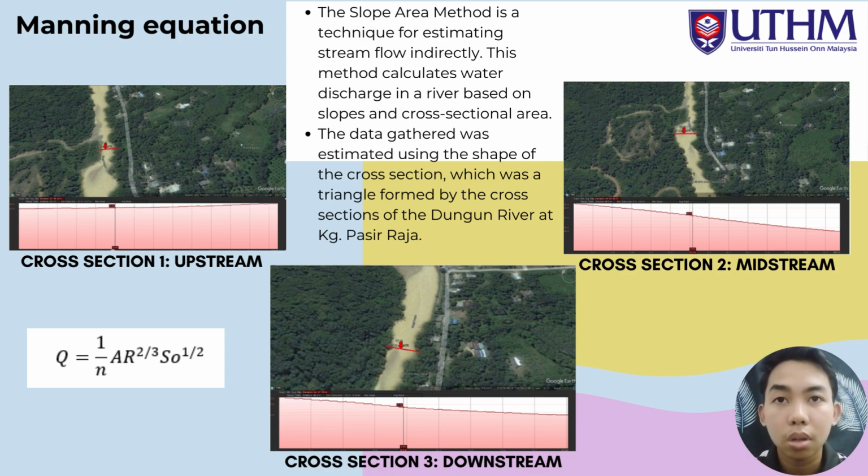The next method that we use to find the peak flow is the Manning equation method. The Manning equation uses the slope-area technique for estimating stream flow indirectly. This method calculates water discharge in a river based on slope and cross-sectional area. Using the shape of the cross-section, which is upstream, midstream and downstream, which was a triangle formed by the cross-section of Dungun River at Kampung Pasir Raja, we can find the parameters and cross-sectional area.